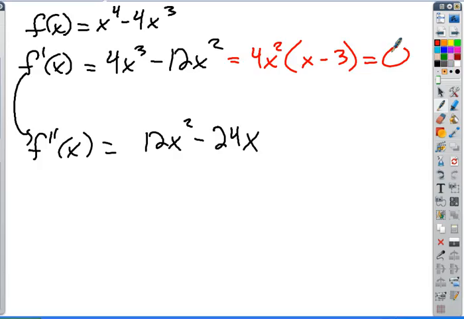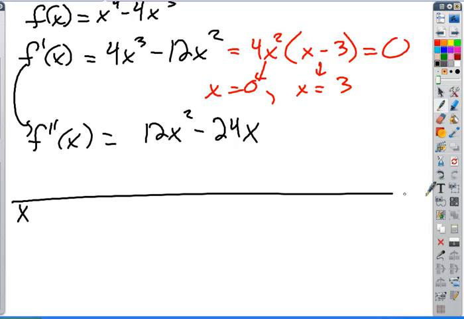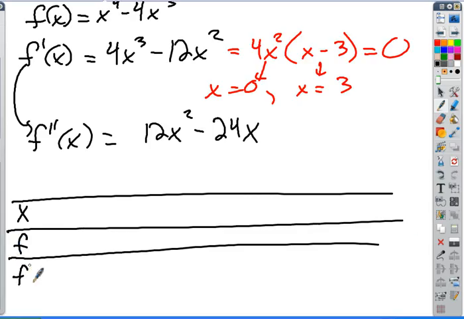I get zeros at either x equals 3 or x equals 0. Good. Okay, and so if we start our table down here, we know that we've got 2 critical numbers here.